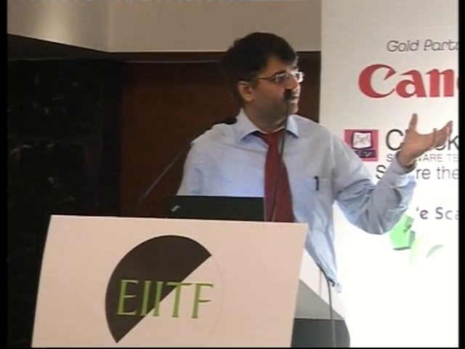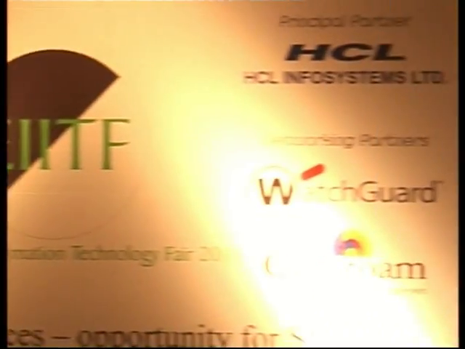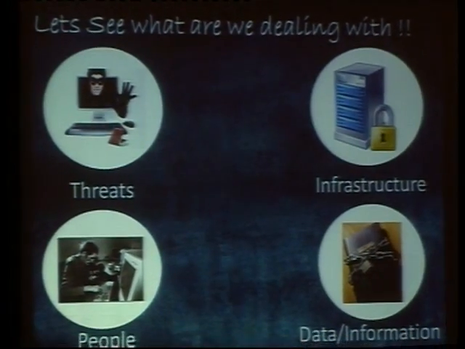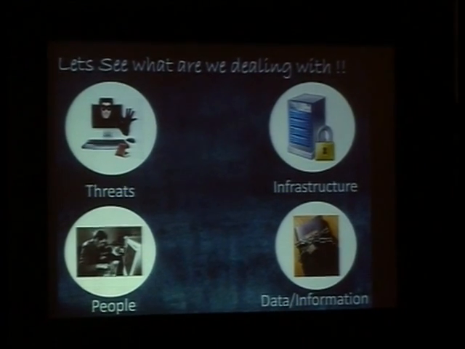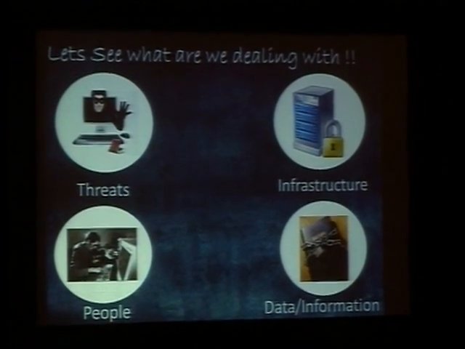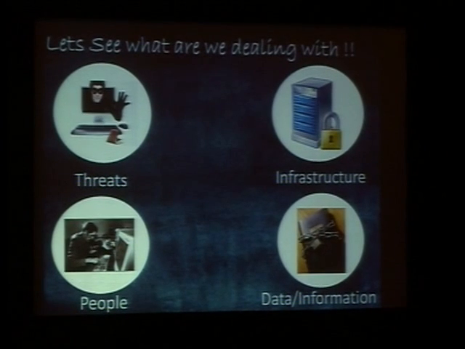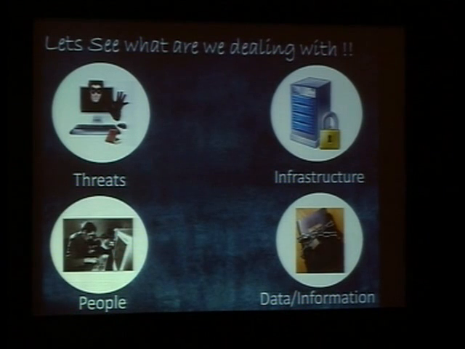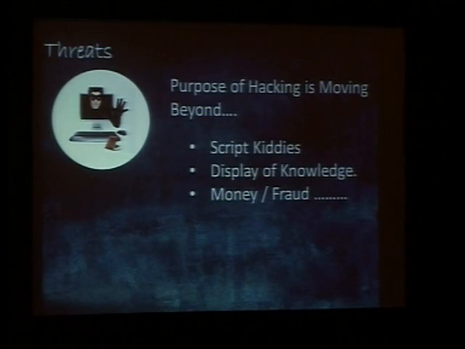We are dealing with the threats, the infrastructure, which is holding all the information, then the data which is lying on these systems and which we use for our business purposes, and finally the people who are interacting with all this. It's very important that people are also part of the overall security picture. So these are the four primary aspects we deal with when it comes to security.